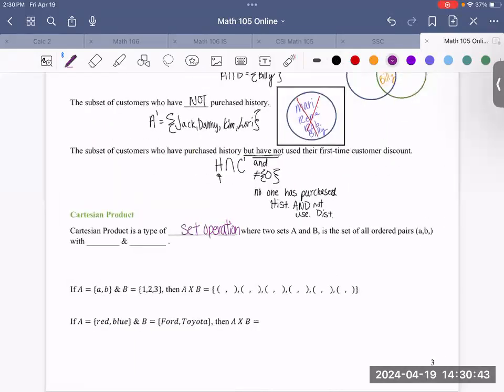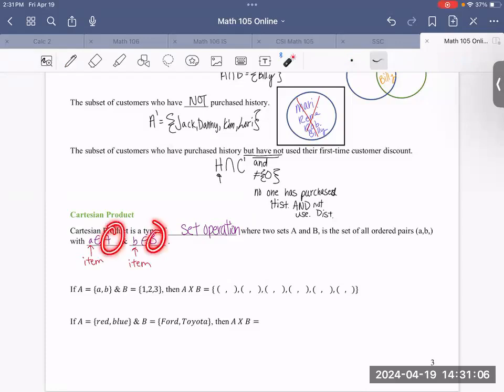Where two sets A and B is the set of all ordered pairs, a and b, with little a being an element of the big A, and little b is an element of the big B. So these are your items, and A and B, big B, are your sets.